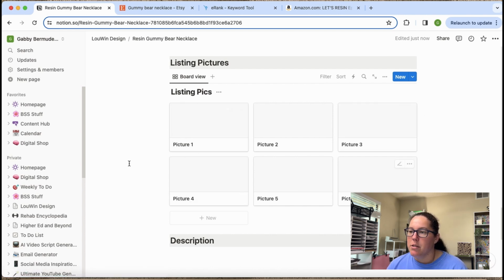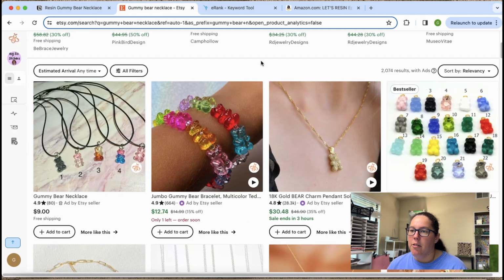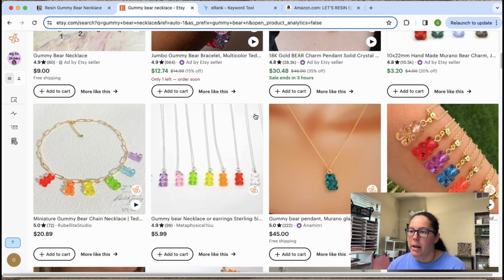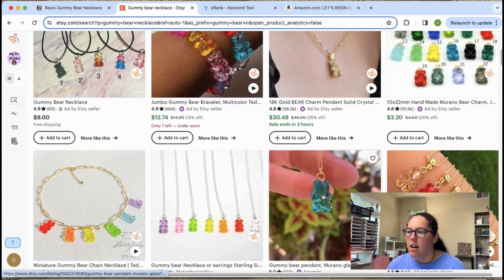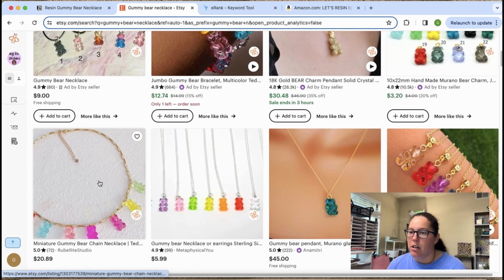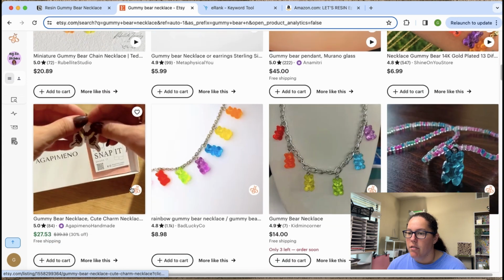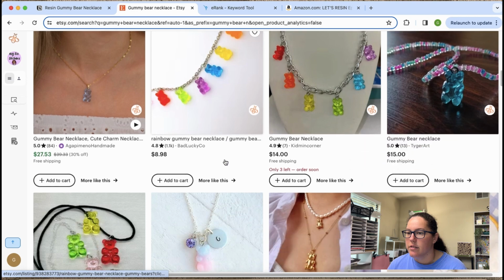But on Etsy, you have a spot for 10 pictures, and so that's what I'm going to look at and what everybody else is doing. So the main thumbnail picture I'm seeing is on the neck, or flat lay on the neck.